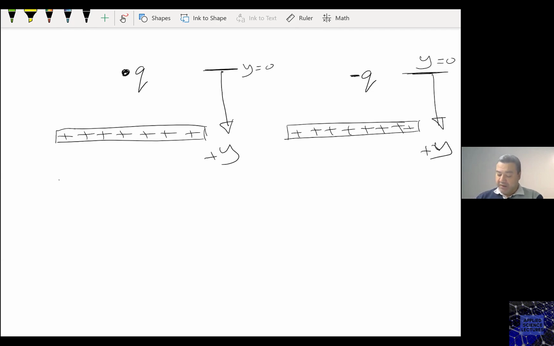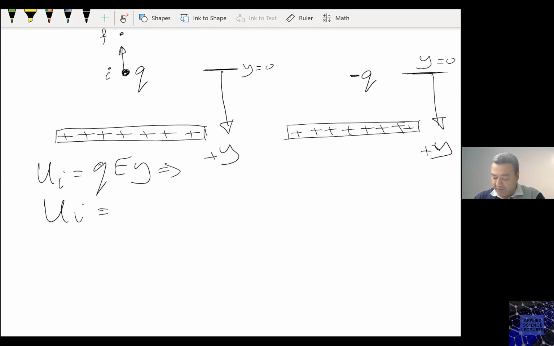So in this case, if I am to write, this is my initial point. If I release this positive charge at this location, then this positive charge is going to go in this direction. So let me assume that this point is my final destination point. Then in this case, if I am to write UI, which is QEY, in this case, UI, because it is at the reference, will be 0.